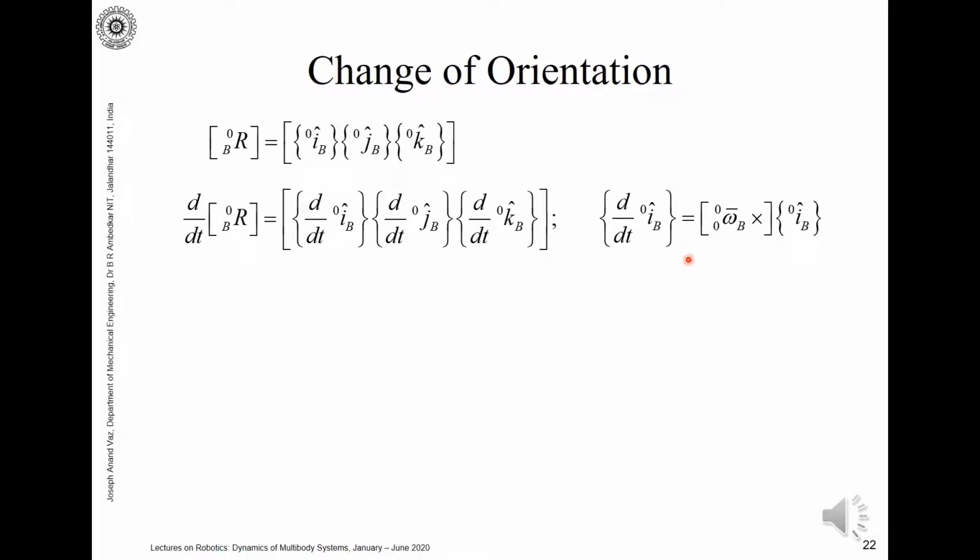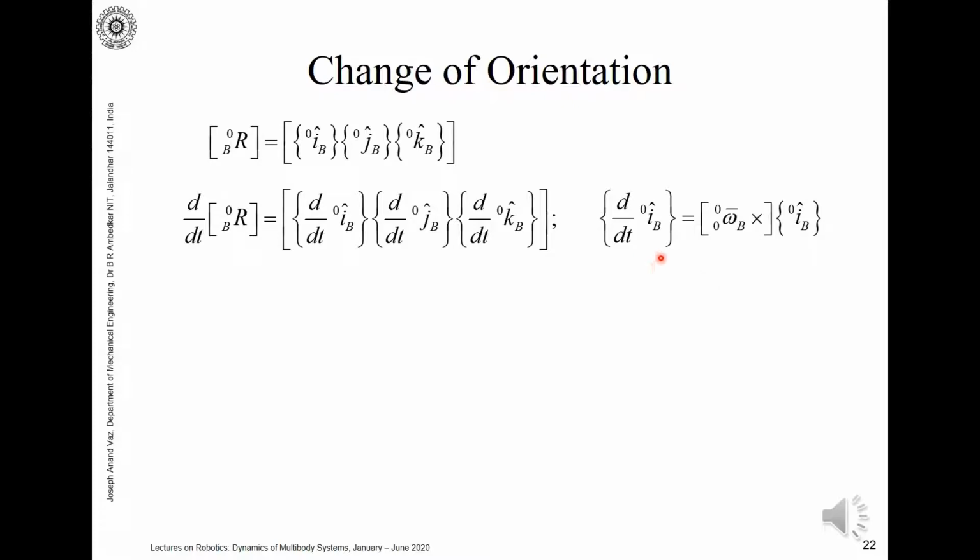These columns are actually representing the rate of change of a unit vector. That means the magnitude is constant. It's just the orientation that can change with angular velocity omega.